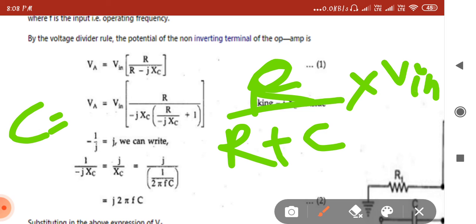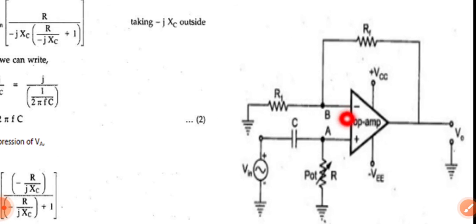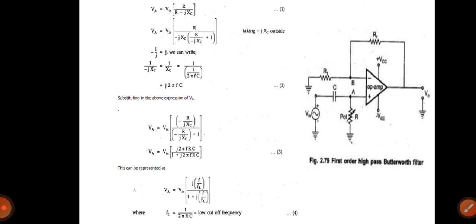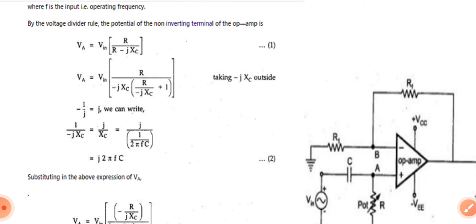C equals to what we have taken, minus J into XC. You have to put the same values in this equation. VA equals to V in into R divided by R minus J into XC.